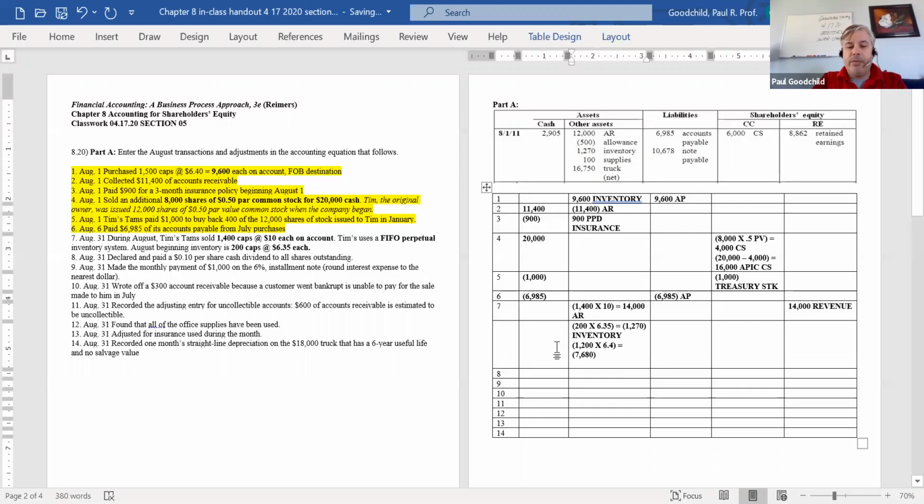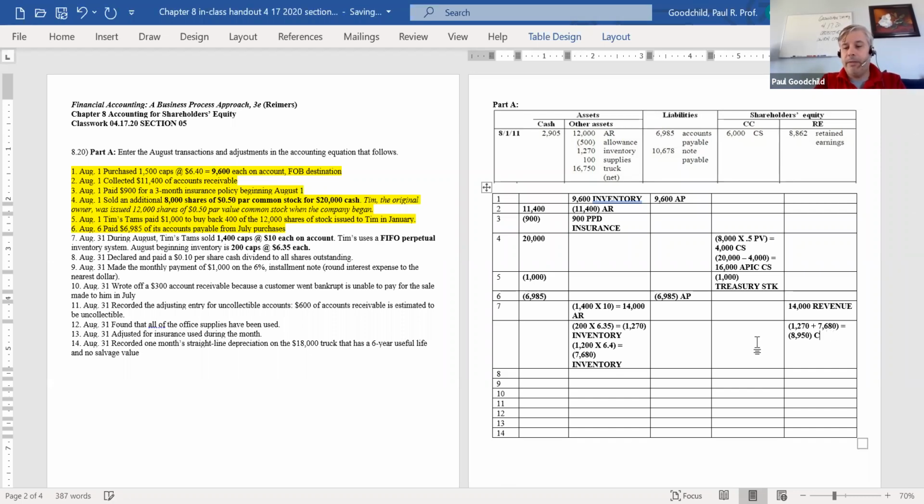So we add those two, and we end up with 8,950 cost of goods sold.